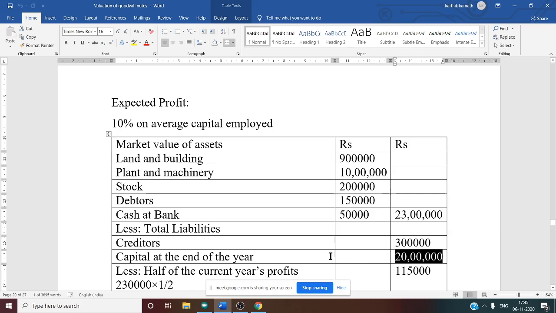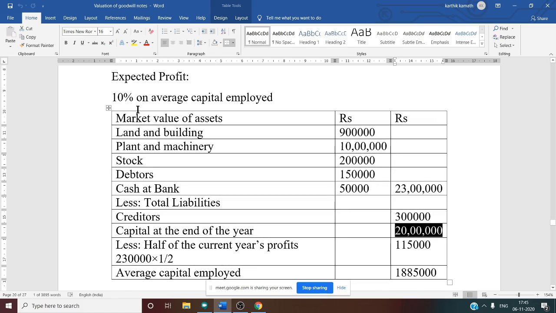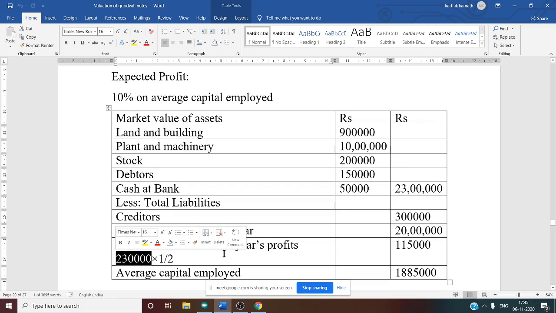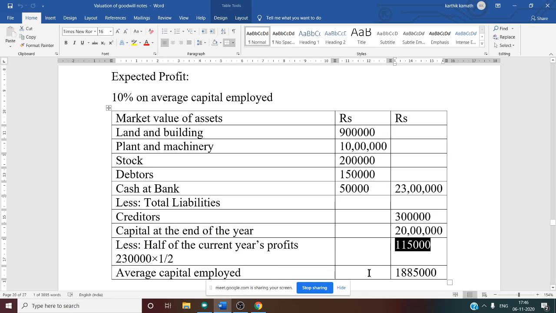Yes. So now we want average capital employed. So capital employed minus half of current year's profit. So here current year's profit is nothing but average maintainable profit we got after all the adjustments, that is 2,30,000. 2,30,000 divided by 2, or 50% if you do, you will get half of the profit, that is 1,15,000.